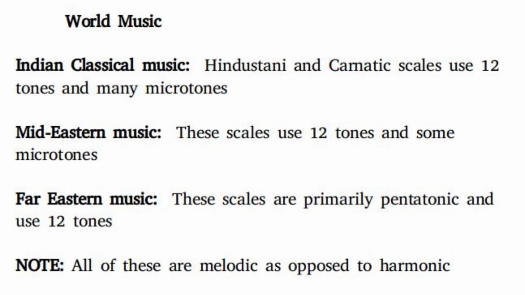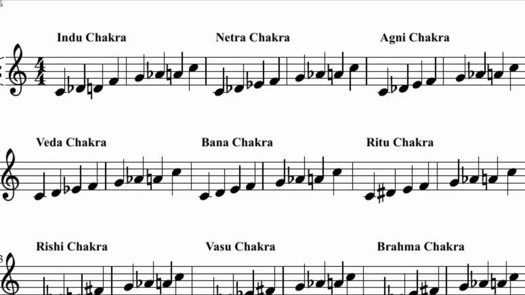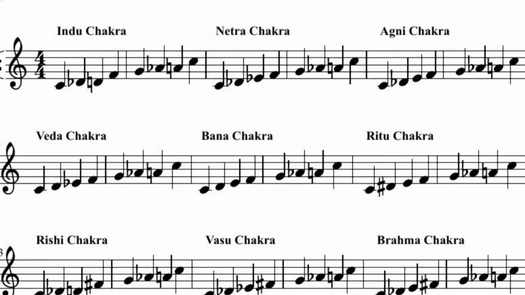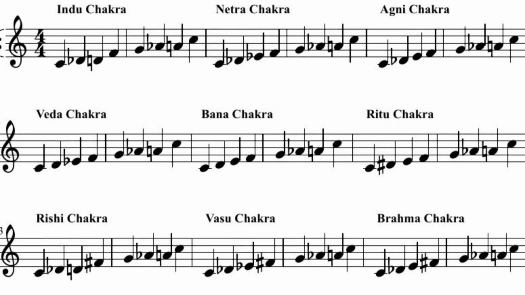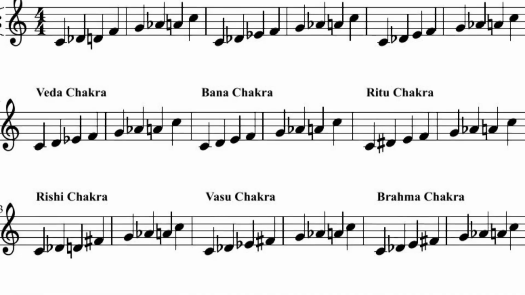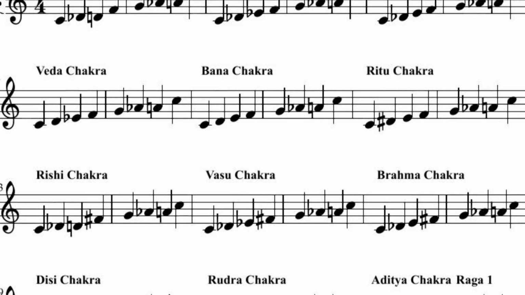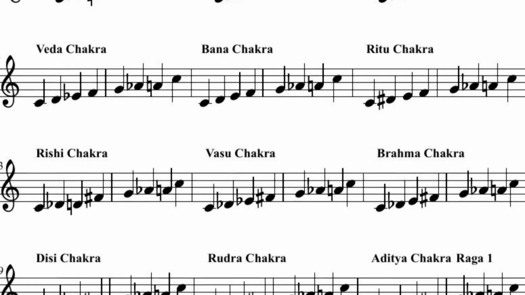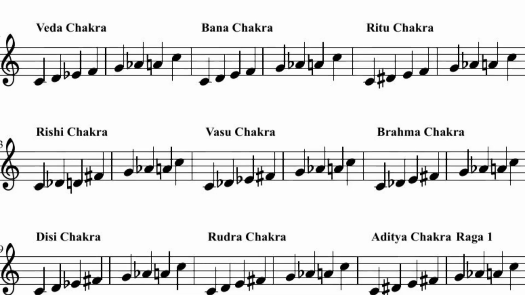Both Hindustani and Carnatic scales use 12 tones, but they allow for minor and major thirds in their patterns, which produces many scales. The first and fifth notes are fixed at a perfect fifth. The second, third, and fourth notes are set to every possible combination that fits between the first and the fifth.